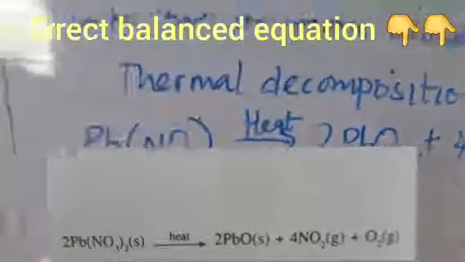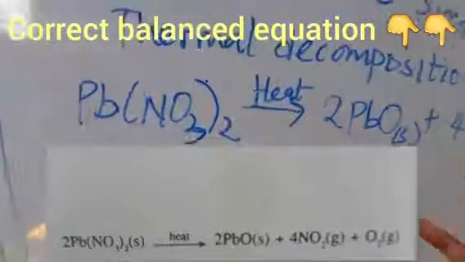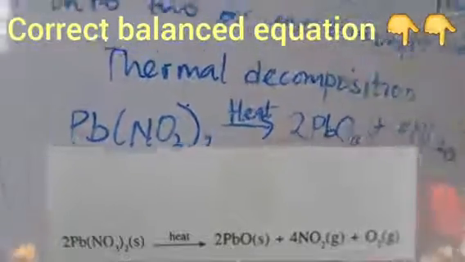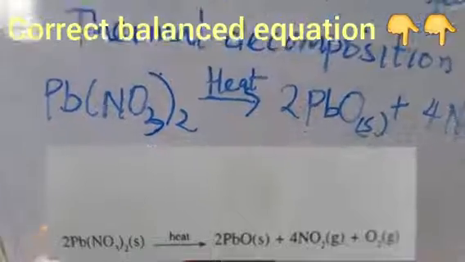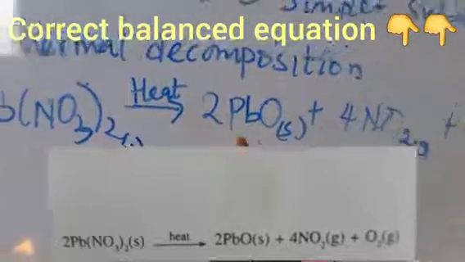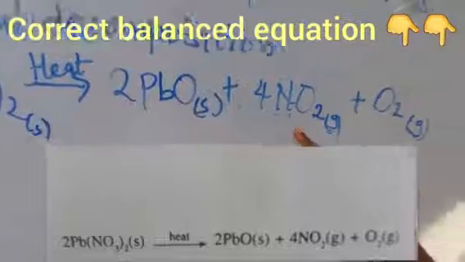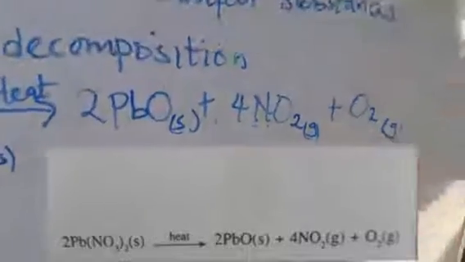So this is an example of a thermal decomposition where heat is used to split up a single compound. You have lead nitrate here. When heat is supplied, it will split up to lead oxide, nitrogen oxide, and oxygen.